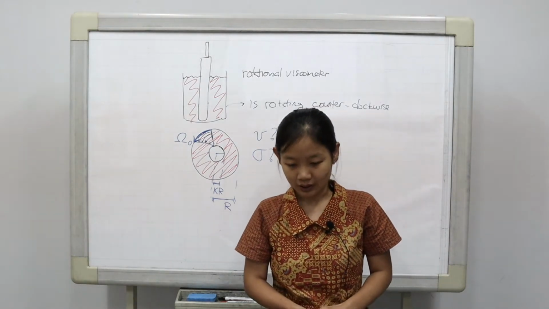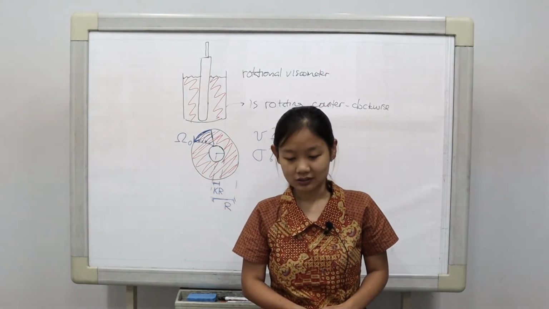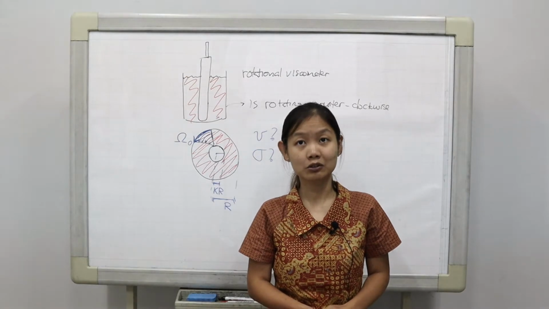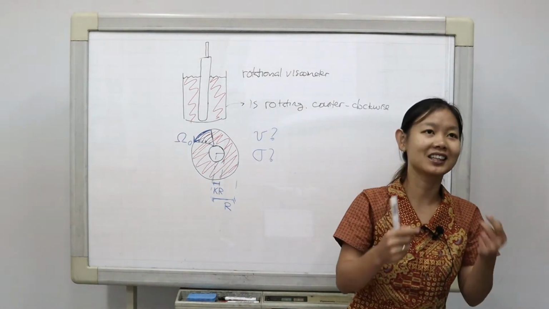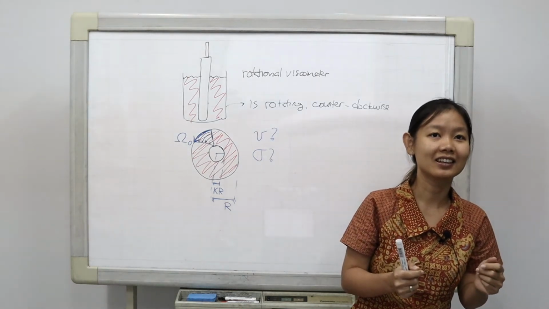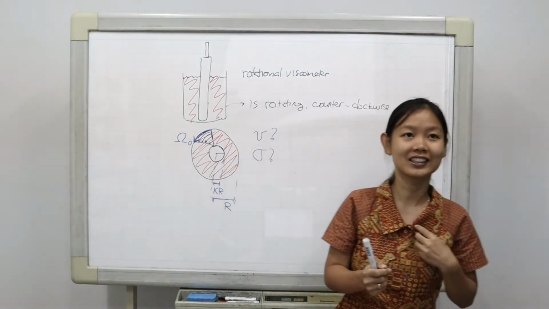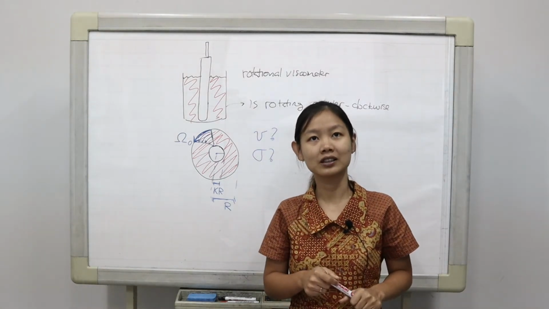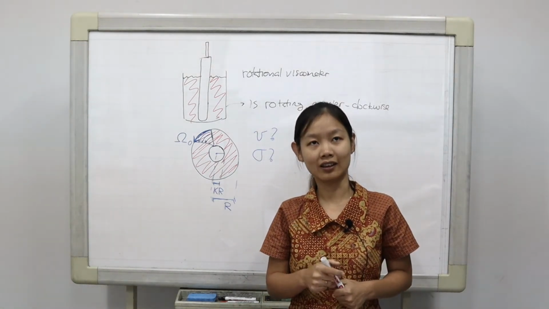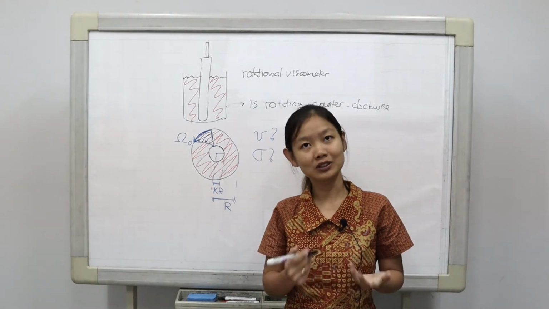Okay. From that table, we know that we're going to use the second equation, the one with v theta. Why do we use that equation?